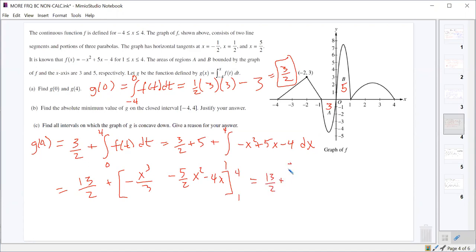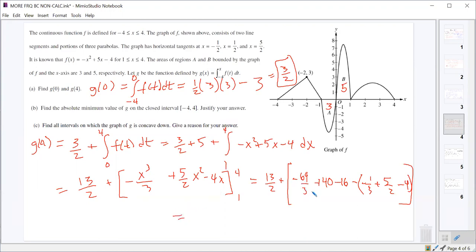We got 13/2 plus negative 64/3 plus 40 minus 16, and then minus the whole rest of this at 1, so negative 1/3 plus 5/2 minus 4. Actually, that was a plus 40; I don't know why I got a minus in there. And I don't know, what does that come out to be?